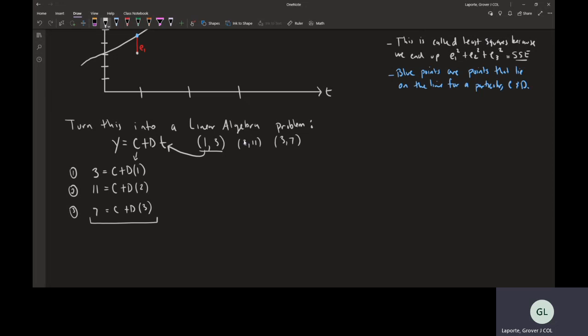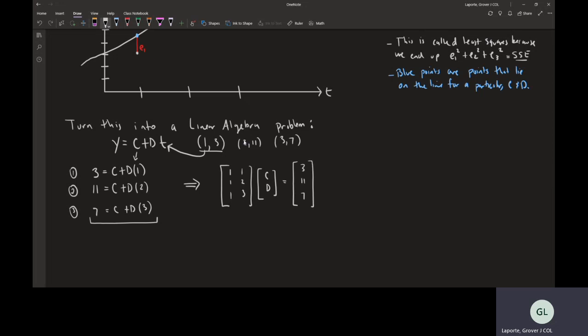So I want to take the system of linear equations and turn it into a matrix multiplication. And so I'm going to take this and turn it into this simple matrix multiplication of 1, 1, 1, 1, 2, 3. And then we're looking for C and D, and then 3, 11, and 7. So I just turn this thing around.